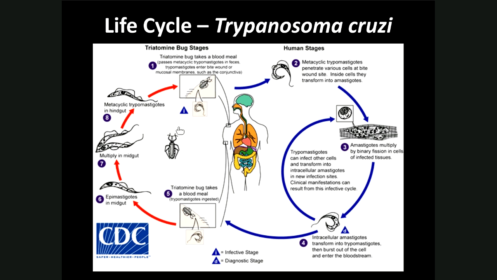So in the human, you have, once again, asexual reproduction going throughout the body, and then at some point the infected human can be bitten by a second kissing bug, which will take up some Trypanosoma organisms in a blood meal, and then there will be more asexual reproduction within that second kissing bug before it bites someone else. So in brief, that's Chagas disease.